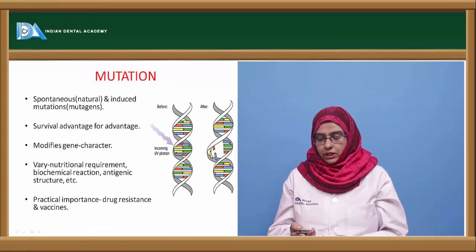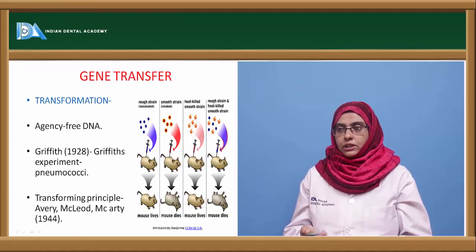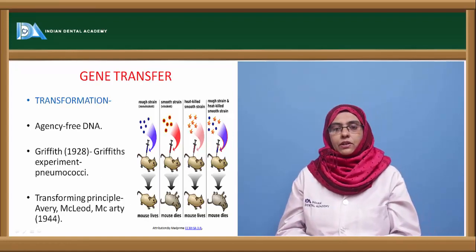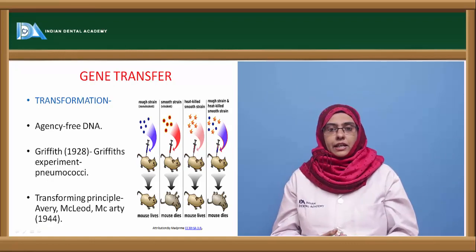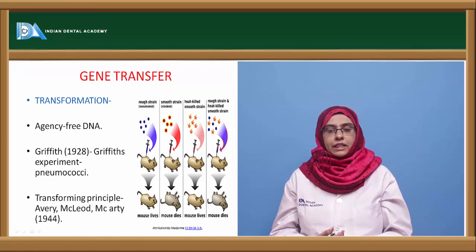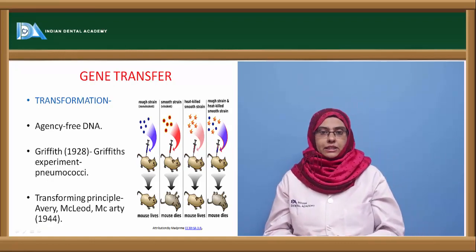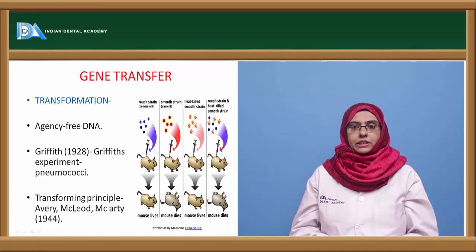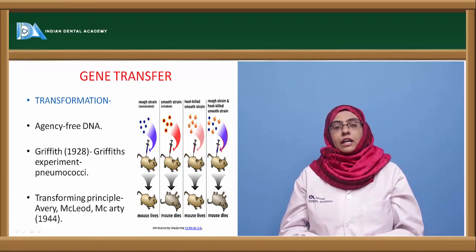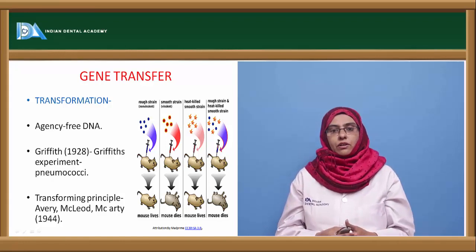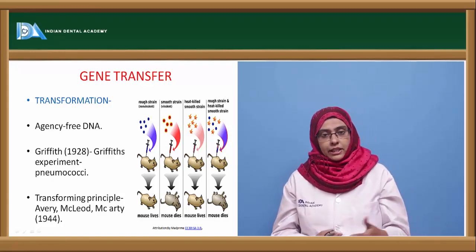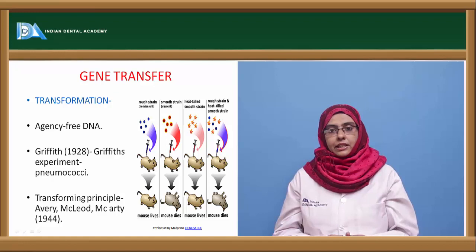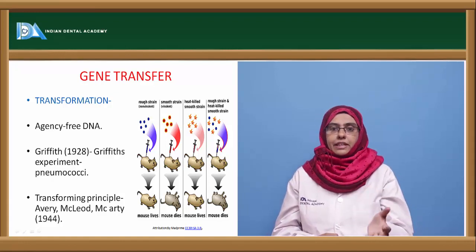Now coming to the recombination in bacteria, how this recombination or the transfer of genetic information takes place in an organism, and how it is inherited from one cell to the other cell. So this is called recombination, bacterial recombination. Recombination is nothing but combination of genes. So as already discussed in the previous slides, these organisms show little variation.